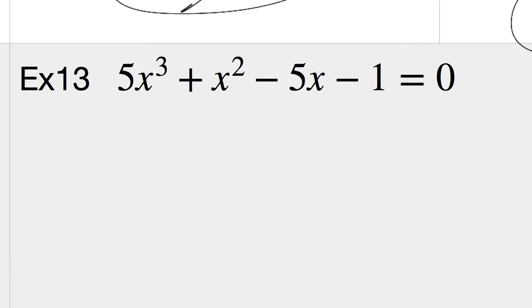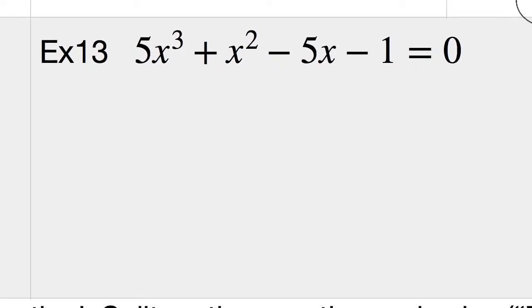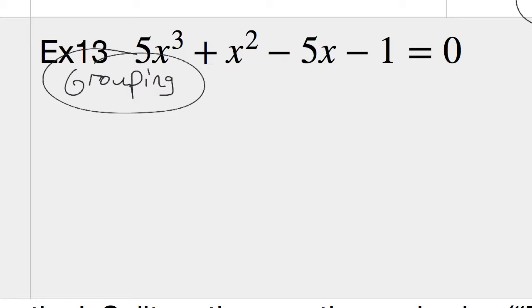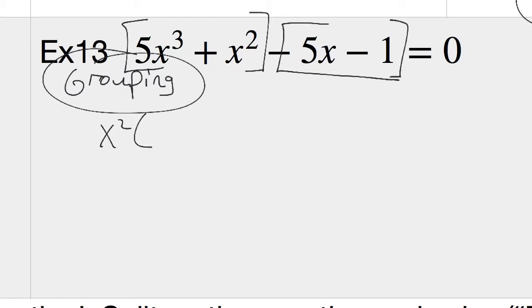Let's try this one. I think I can factor this by grouping. And remember, the grouping method requires us to take the GCF of the first two terms and the GCF of the second two terms. GCF of the first two is going to be x squared, and you get 5x plus 1.